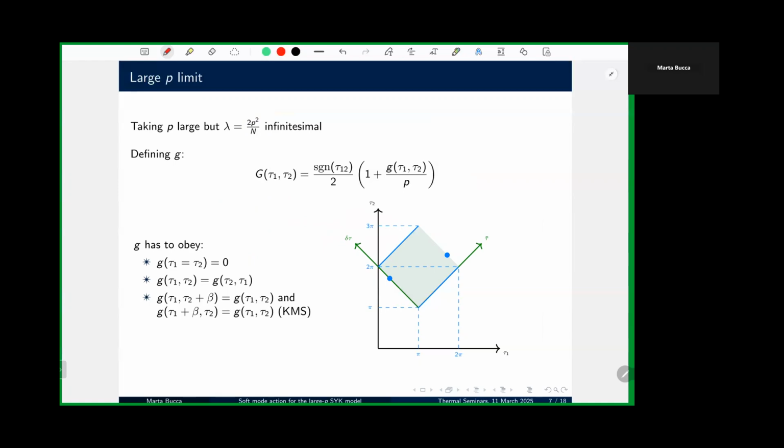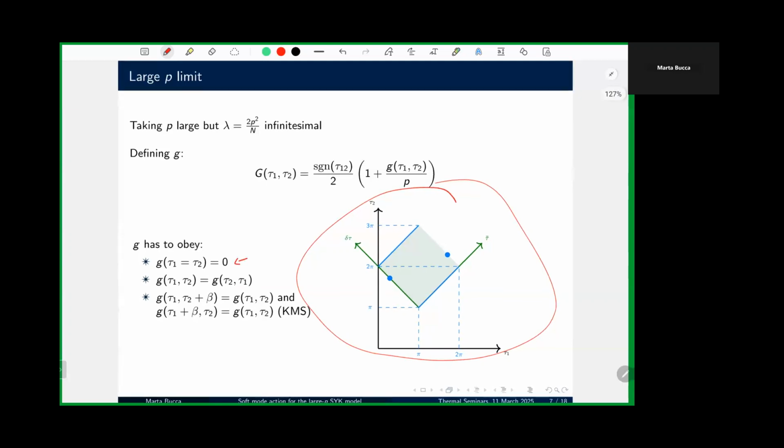So instead of having to integrate over all of tau 1 and tau 2, we just have to consider the shaded green area, or the shaded green diamond, in this figure here. And this is truly actually a Mobius strip, and I'm going to show you why. First of all, let's start from this boundary condition.